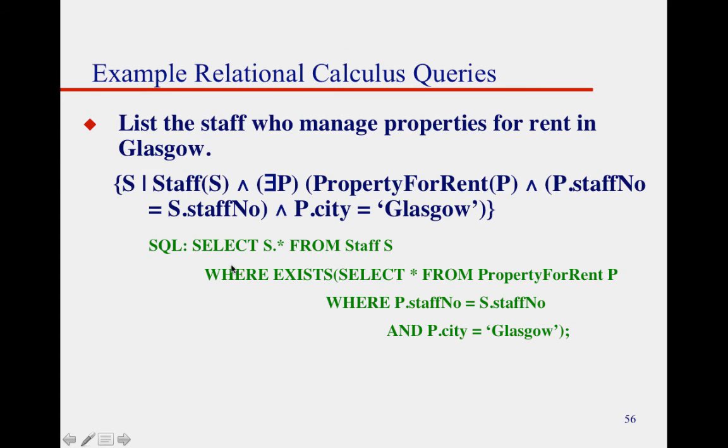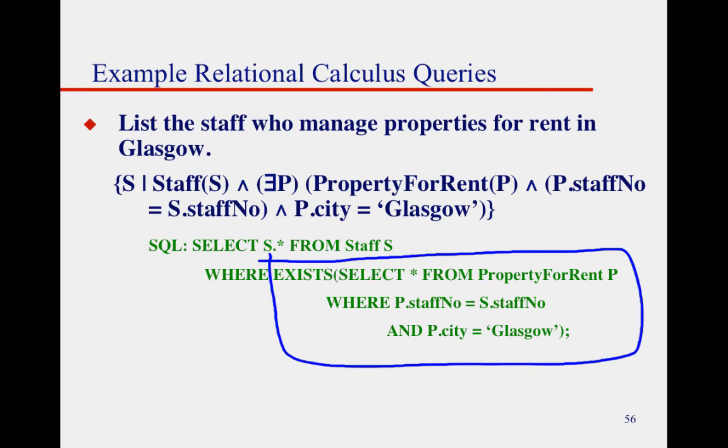Now, if you wrote it literally like this in SQL, it would look like this. And does anyone remember, this is a subquery. There were three types of subqueries: scalar subqueries, table subqueries, and row subqueries. Does anyone remember which one this falls under?